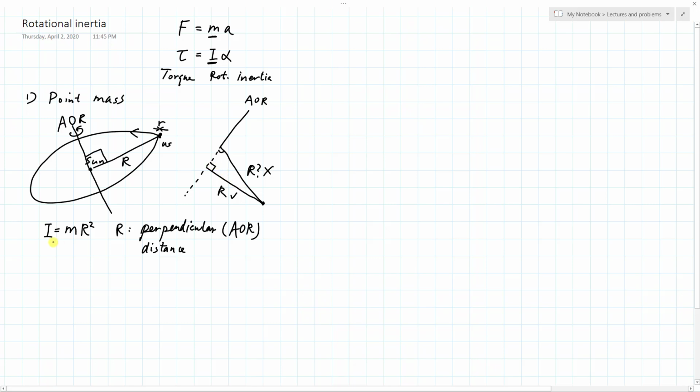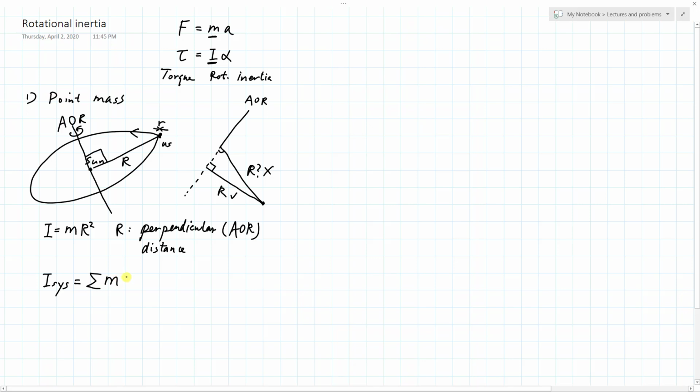And okay, now we have the rotational inertia of one point mass. What about if we have a system of point masses, just as our eight-plus planets and the dwarf planets, right? So we have a multitude of objects orbiting the Sun at different radii, different perpendicular distances. So if you have a system of point masses, each point mass will contribute to the rotational inertia of our system.